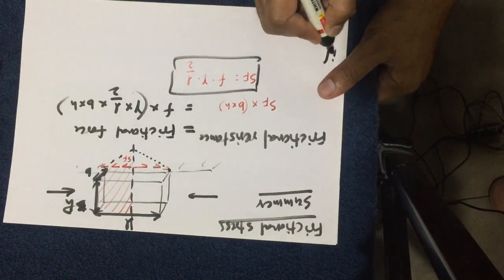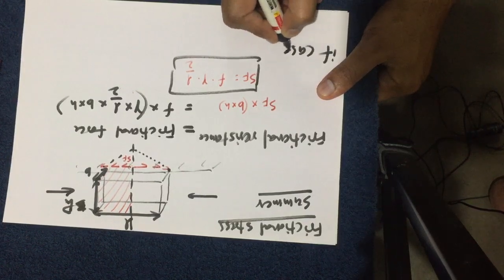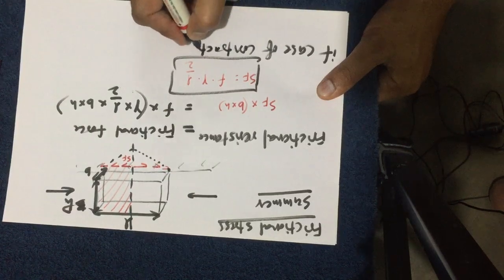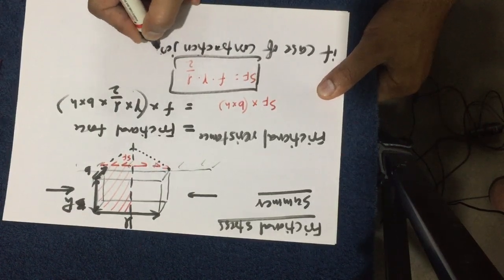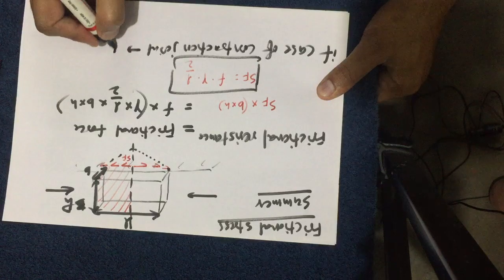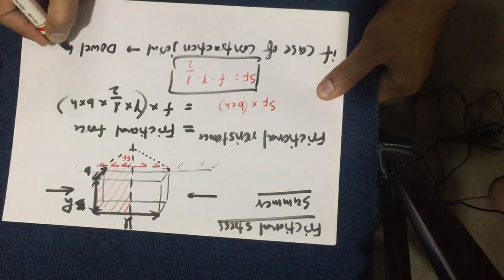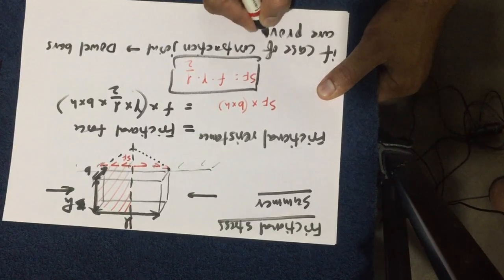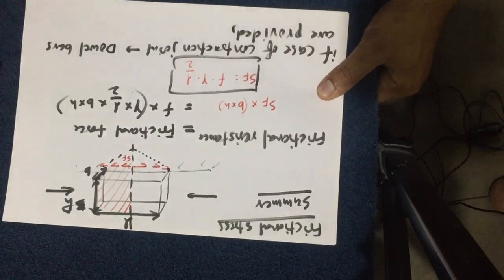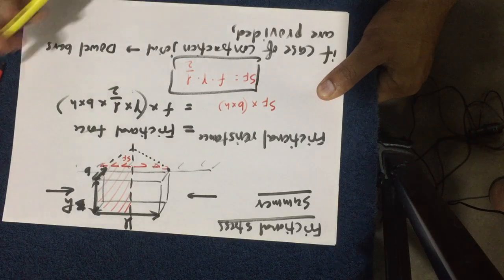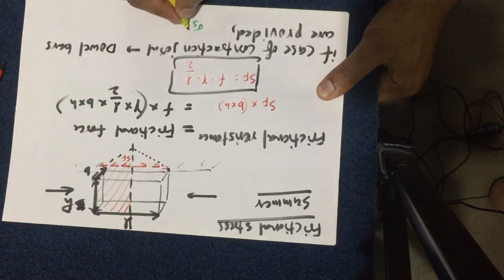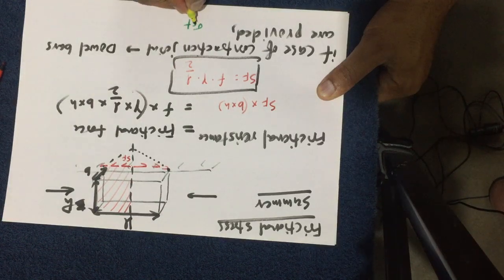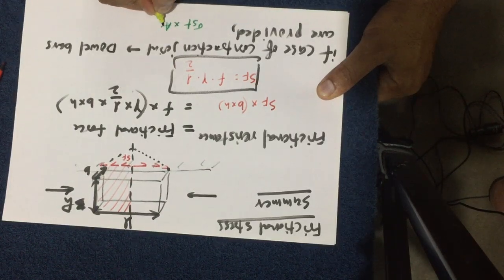So in case of a contraction joint, if dowel bars are provided, then the frictional resistance will be the resistance of the dowel bar, means force in the dowel bars, means stress in the dowel bar into area of the dowel bar.